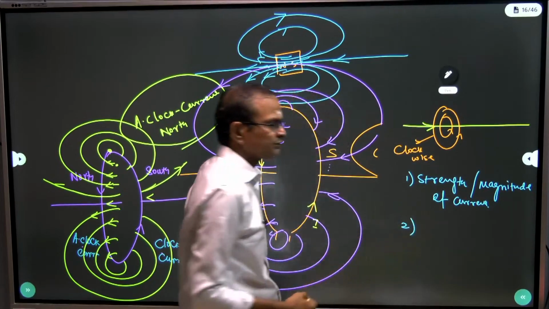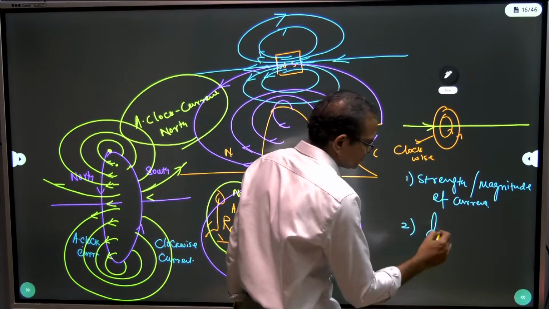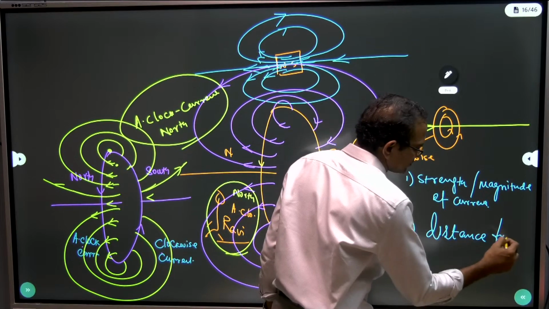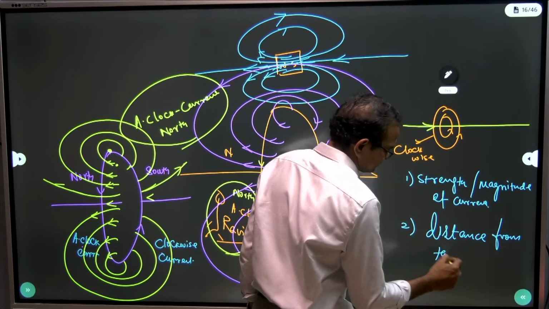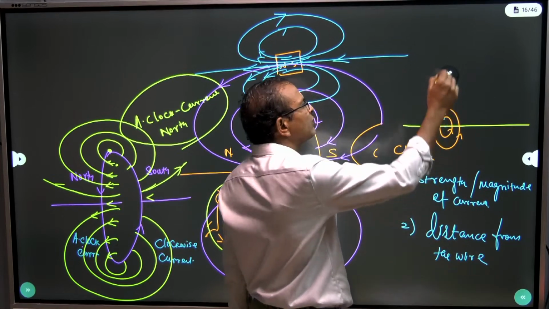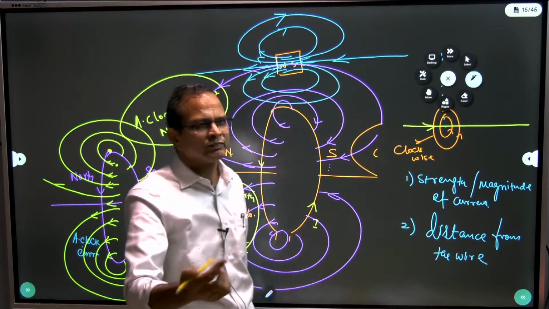Number 2. Distance from the wire. Just now in the beginning of the class I told you, if you go more and more away, will the field increase or decrease? It has to decrease.